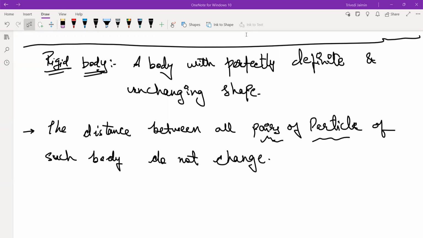Next, Divanshika. Give me an example of a rigid body with this condition.